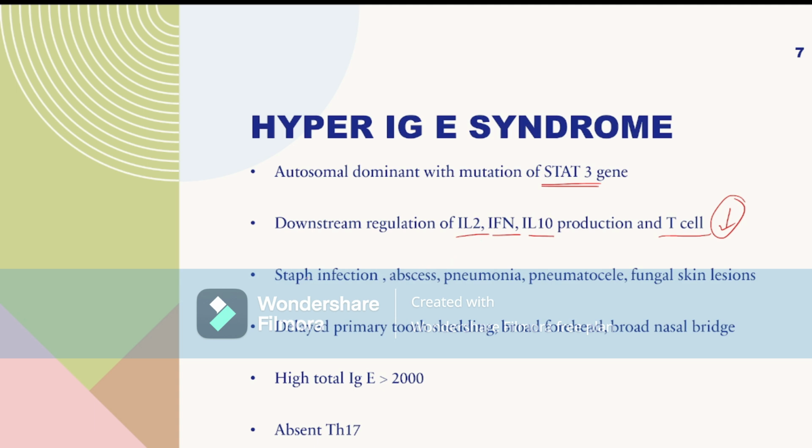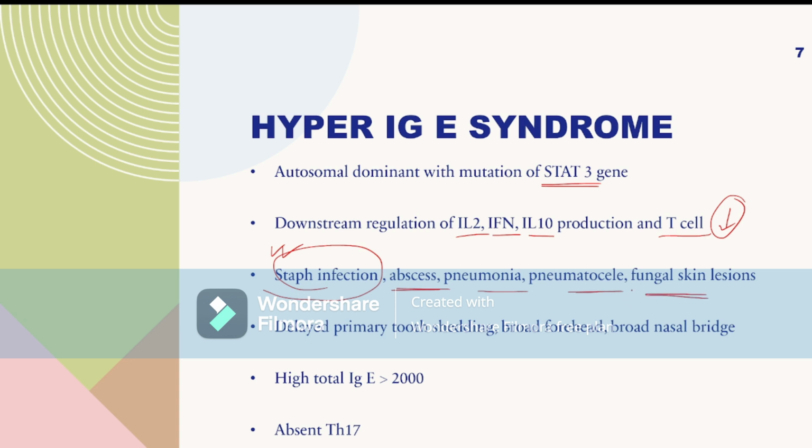The child is mainly affected by staphylococcal infection, and suffers from cold abscesses or recurrent multiple abscesses or pneumonia, and the child suffers from recurrent or persistent pneumatocele because there is recurrent pneumonia caused by staphylococcal infection. The second most common infection is fungal skin infection.